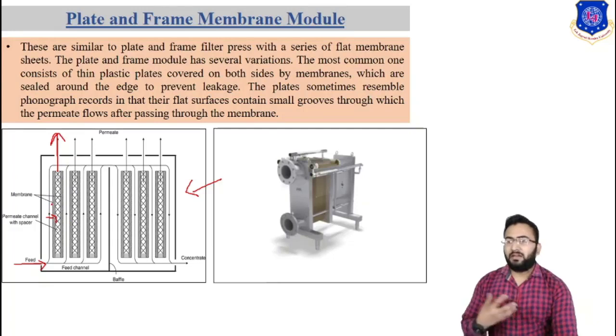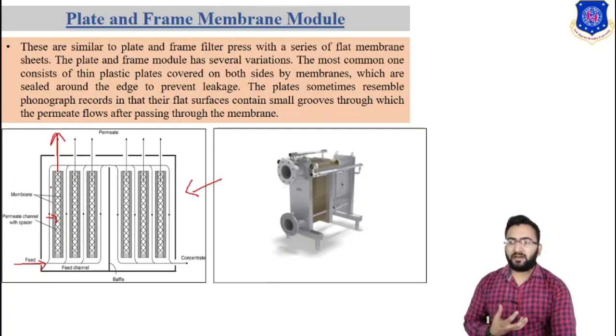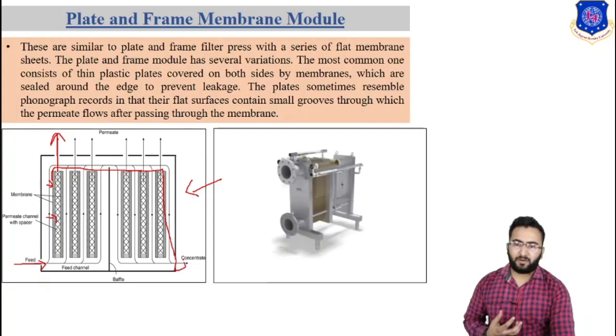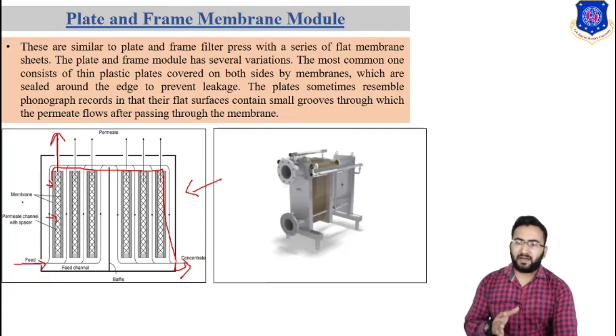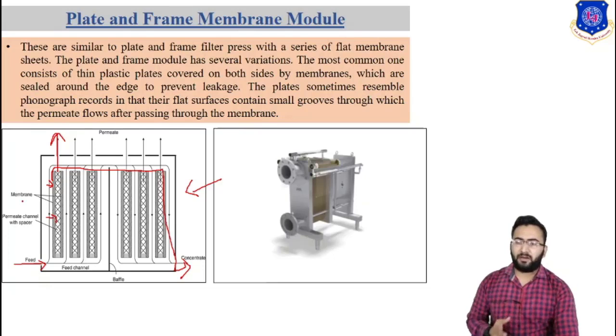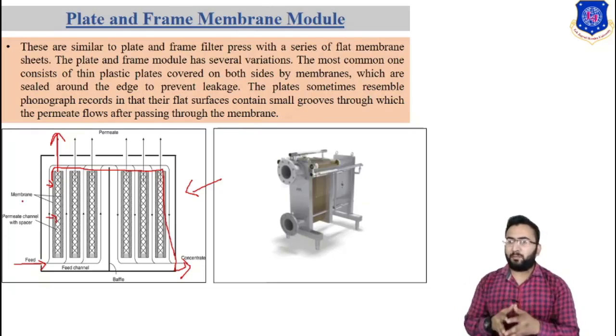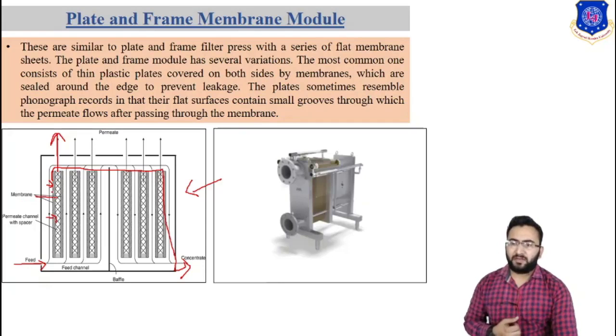The retentate, or rejected molecules that are bigger than the pore size of the membrane, are collected from this side, which is known as the retentate or concentrate. A solute which has a bigger size than the pore size of the membrane will be rejected, and a substance which has a lower molecular size than the membrane pore can pass through the membrane.